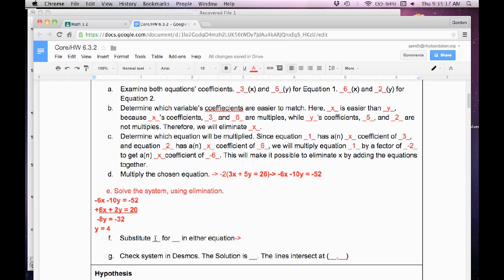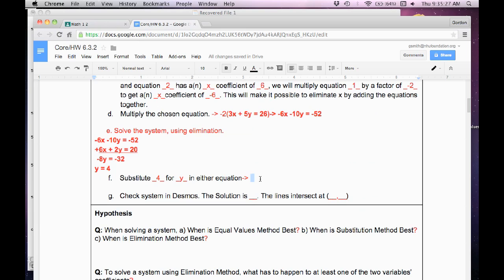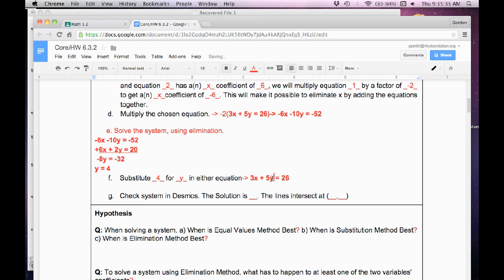So now we're going to substitute 4 for y in either equation. So I'll just choose the first equation, and wherever I see a y, I'll put a 4 instead. I'm going to make it red to show that it's my work, and instead of a y, I'm going to put a 4. And I'm going to work it through.